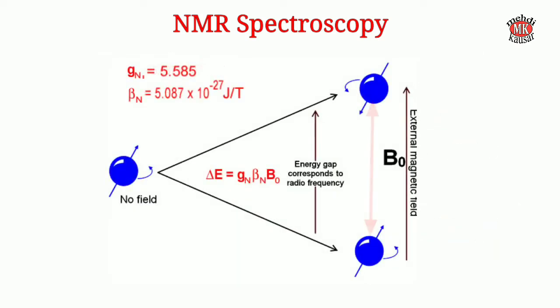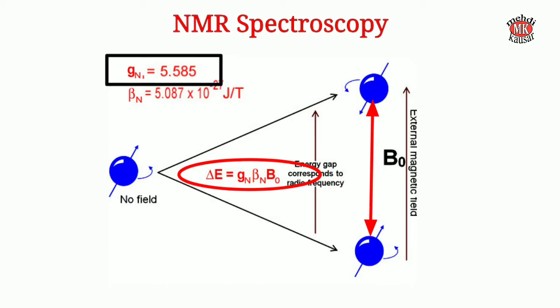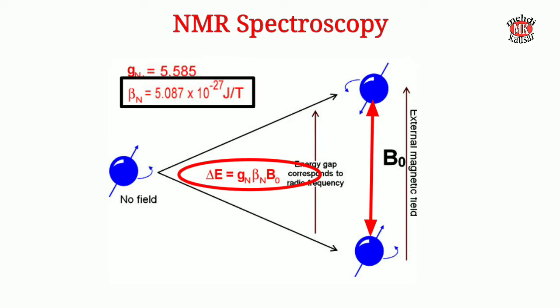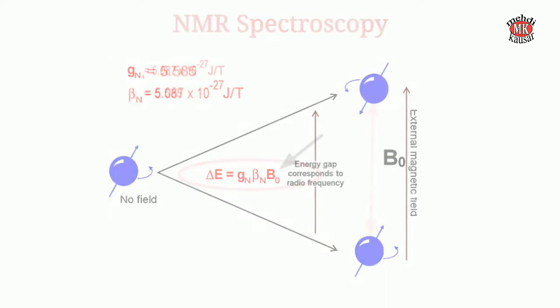The difference in energy between the two spin states is given by delta E equals Gn beta n B0, where Gn is called the G factor and its value is 5.585 for the proton. Beta n is called the nuclear magneton and its value is 5.05 times 10 to the power minus 27 joule per Tesla, while B0 is the strength of the external magnetic field.